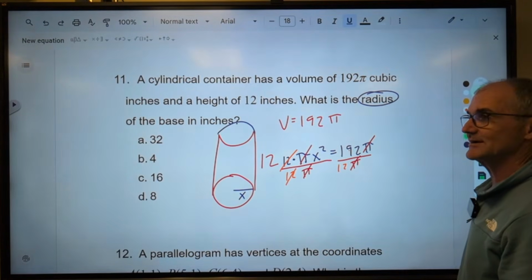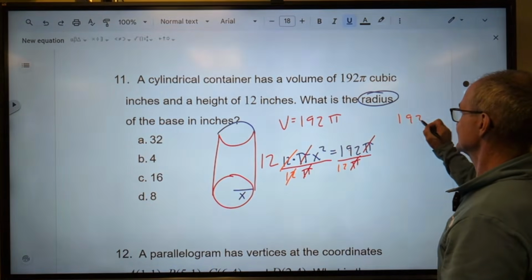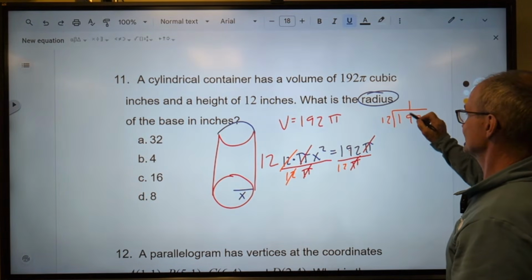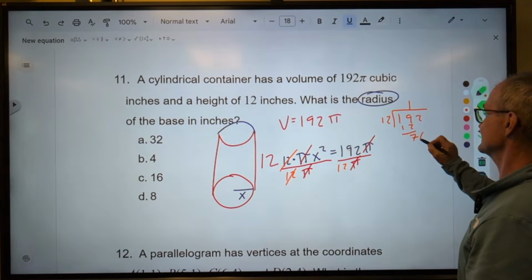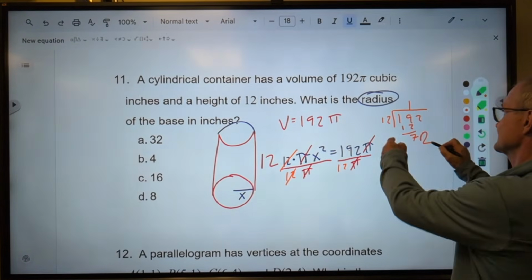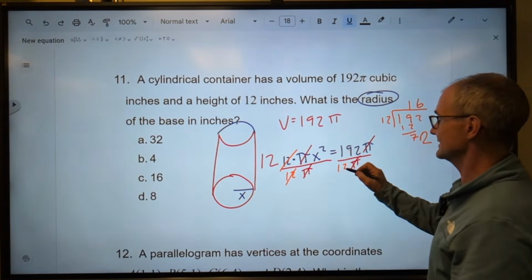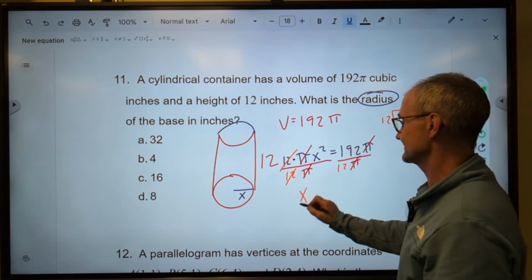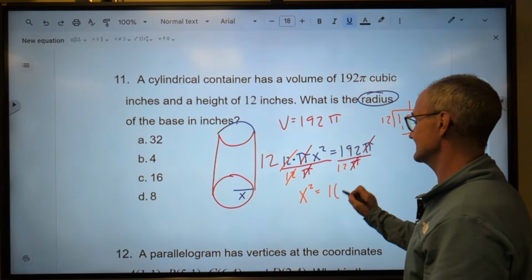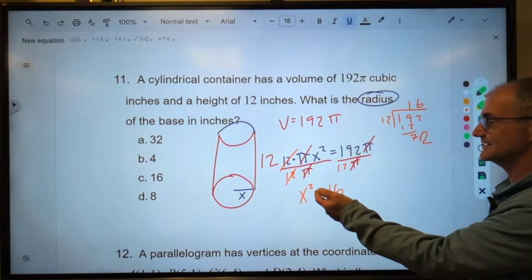I think that might be, I don't know. 192 divided by 12 goes in here once. 72 is 6. 16 times. So those cancel. 192 divided by 12 is 16. X squared equals 16. Probably one of the answers there. You worked really hard.